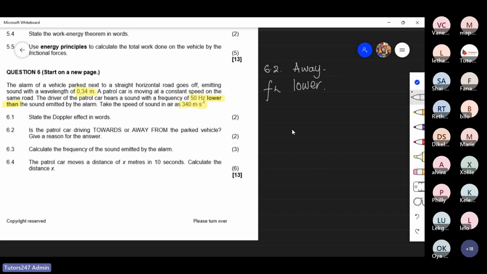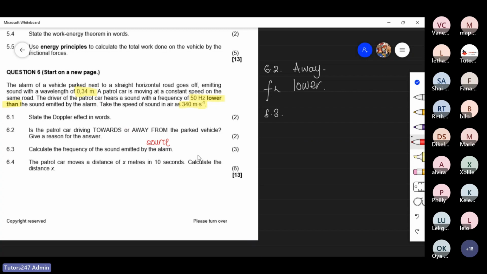Now our next question, 6.3. Calculate the frequency of the sound emitted by the alarm. Keep in mind that this alarm is our source. So we need to calculate the frequency of the sound emitted from the alarm.